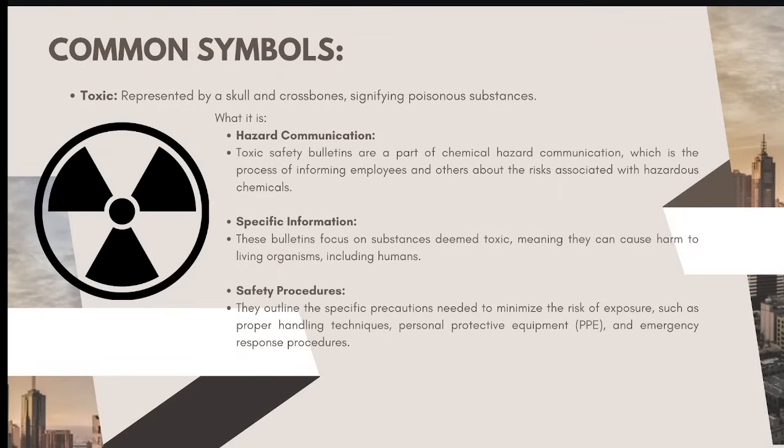This is the hazard communication, meaning that toxic safety bulletins are a part of chemical hazard communication, which is the process of informing employees and others about the risks associated with hazardous chemicals.